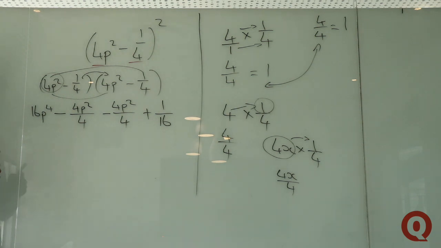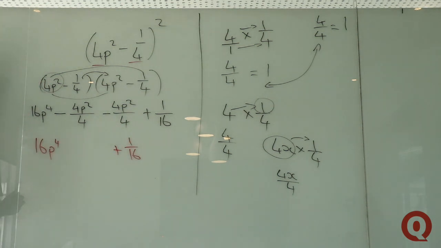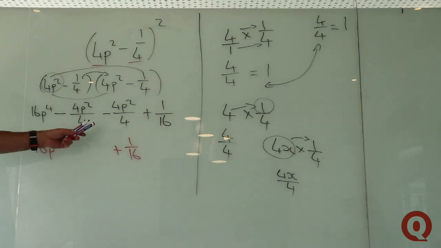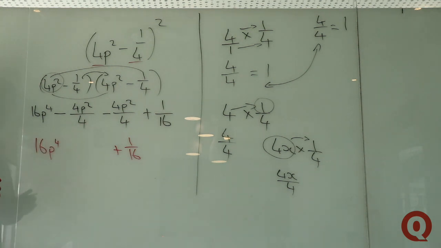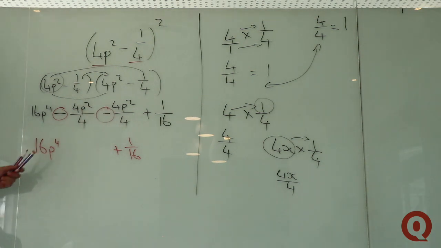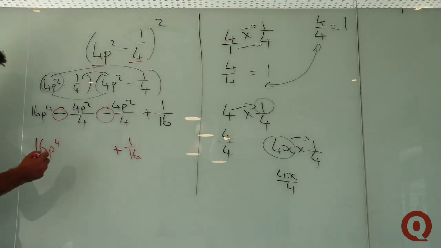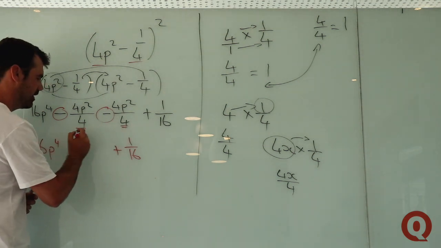Well, can I collect? So I've got 16p to the power of 4 and a positive 1 over 16. Now, we're dealing with fractions. We are dealing with minus signs. Again, going back to those basics from grade 7, when we're doing either addition or subtraction with fractions, we can only perform those tasks if my denominator is the same.